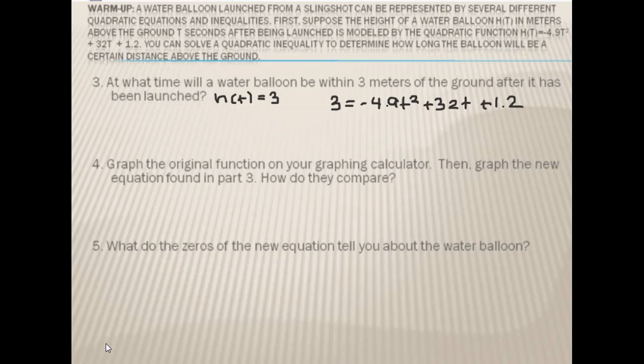And then we know that in order to solve a quadratic, we can use the quadratic formula. But in order to use the quadratic formula, my equation has to be set equal to 0. So we have to subtract 3 from both sides.